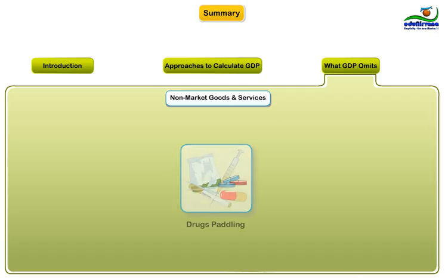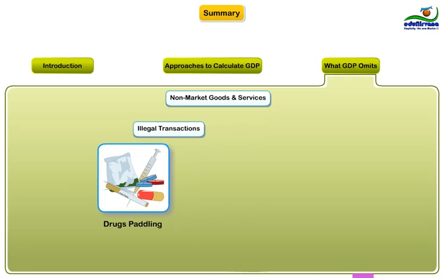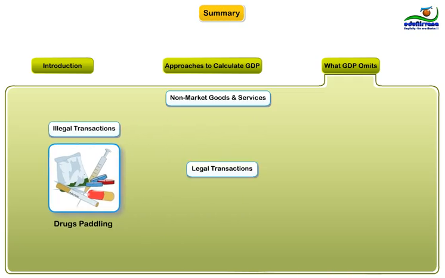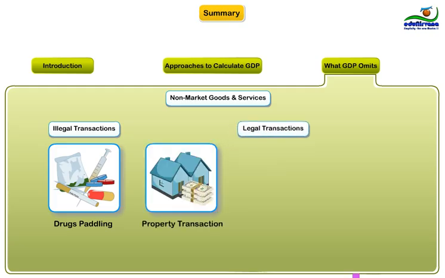Underground activities, both legal and illegal, such as drugs peddling, would not be recorded as the government has no way of tracking it and no record exists of the transaction. Transactions done with the objective of tax evasion. Example, cash transactions in property.